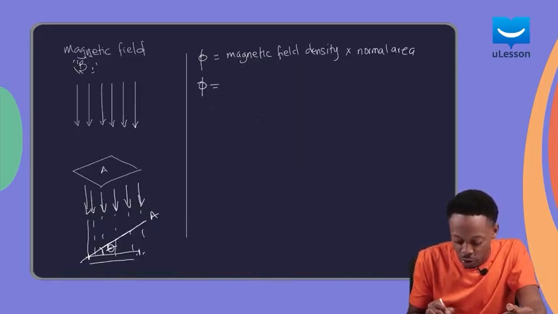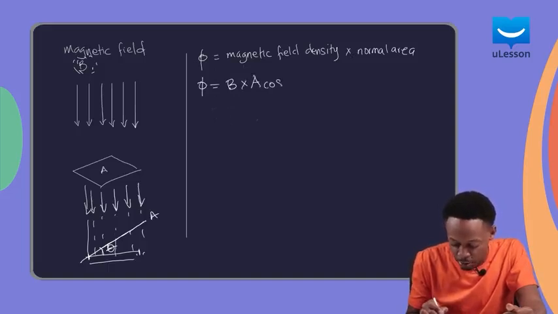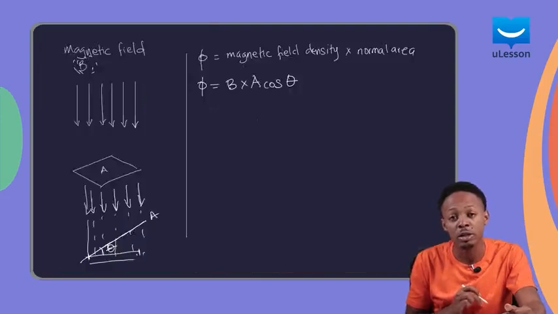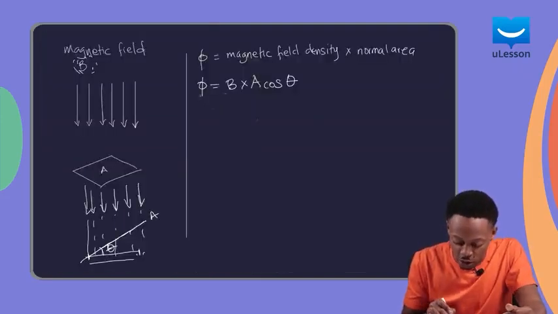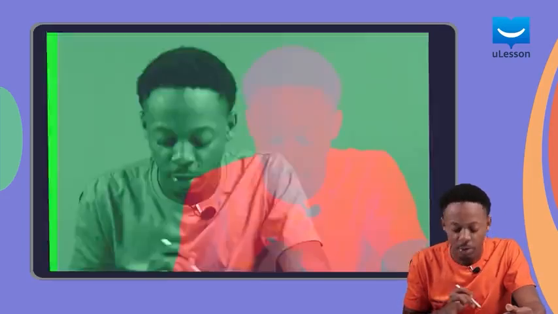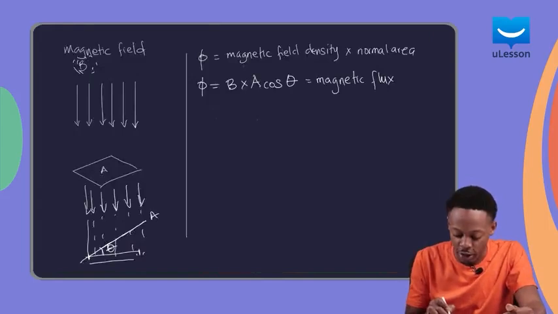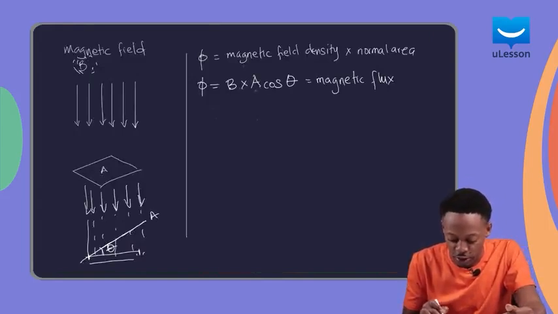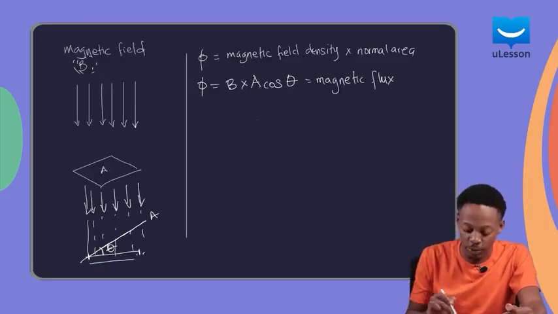So this will be B multiplied by A cosine theta, right? So when you look at this, you have magnetic flux phi equal to B times A cos theta, right?